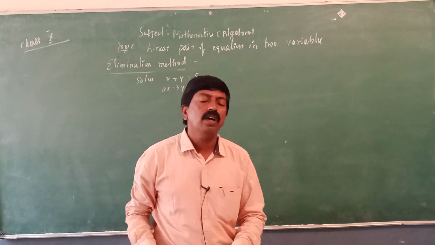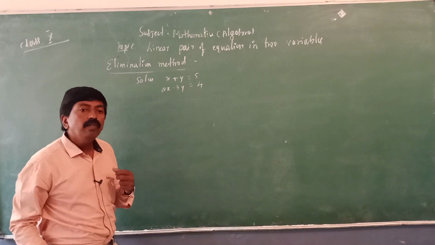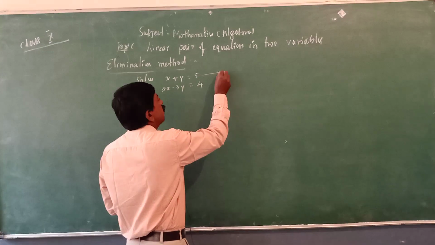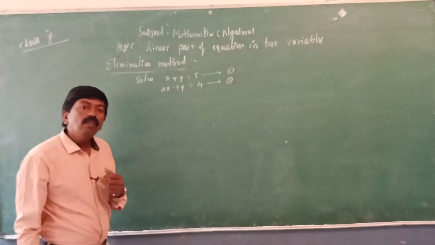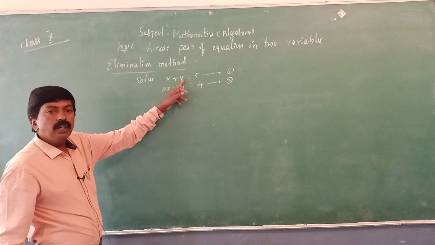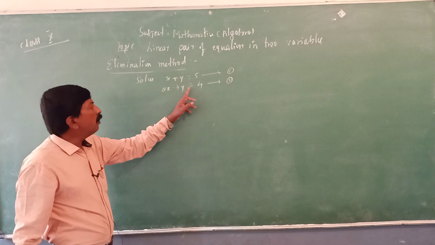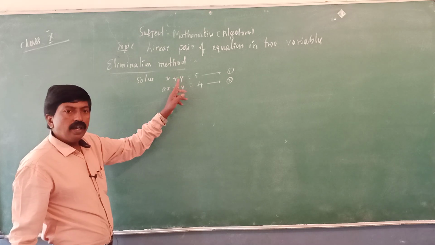How many equations are given here? Yes, it has two equations. Name the equations, first as 1, second as 2. After this, observe here, the numerical coefficient of y in the first equation is 1, the numerical coefficient of y in the second equation is 3. You can make these two equal.